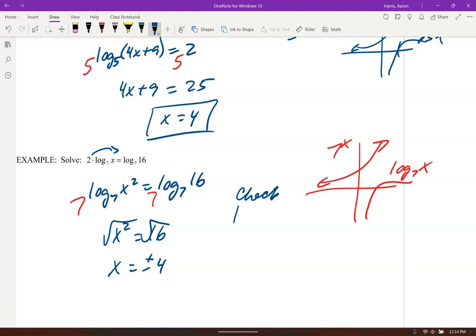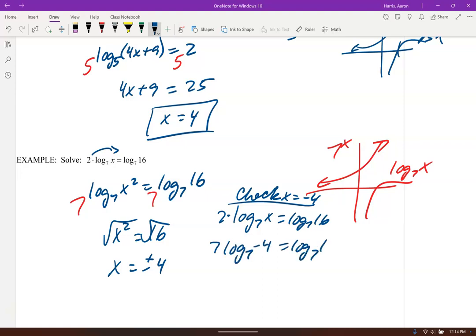because if you plug them in, let's plug in negative 4 first and check that. You should check your answers. Make sure that they satisfy the domain. In other words, they satisfy the original. So let's plug in -4. Well, log base 7 of -4, that doesn't work.